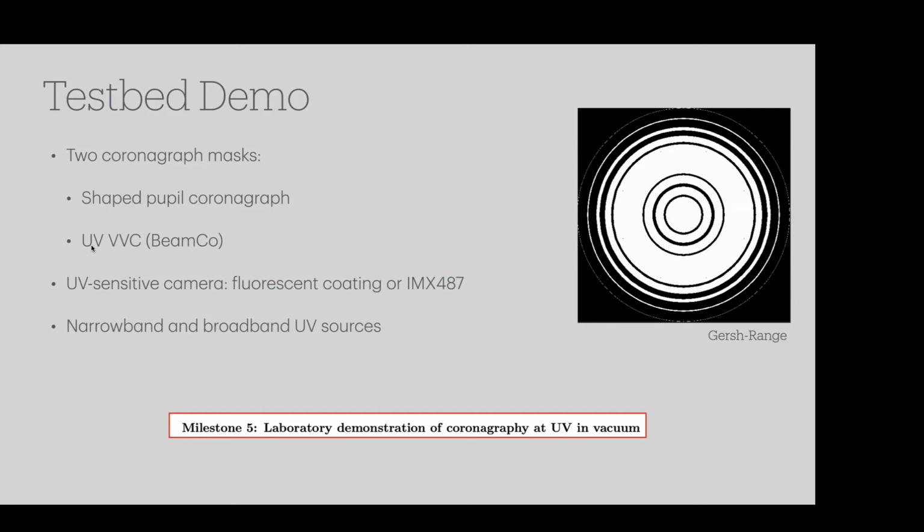And then again, we would install that in the system at the focal plane, and then include the other polarization optics. There's a couple other modifications we have to make. So our current cameras have very low QE at UV wavelengths. And so we'd either switch to an IMX 487, which is fairly similar specs to our current cameras, just higher QE in the UV, or we can take our current cameras and apply a fluorescent coating to them.